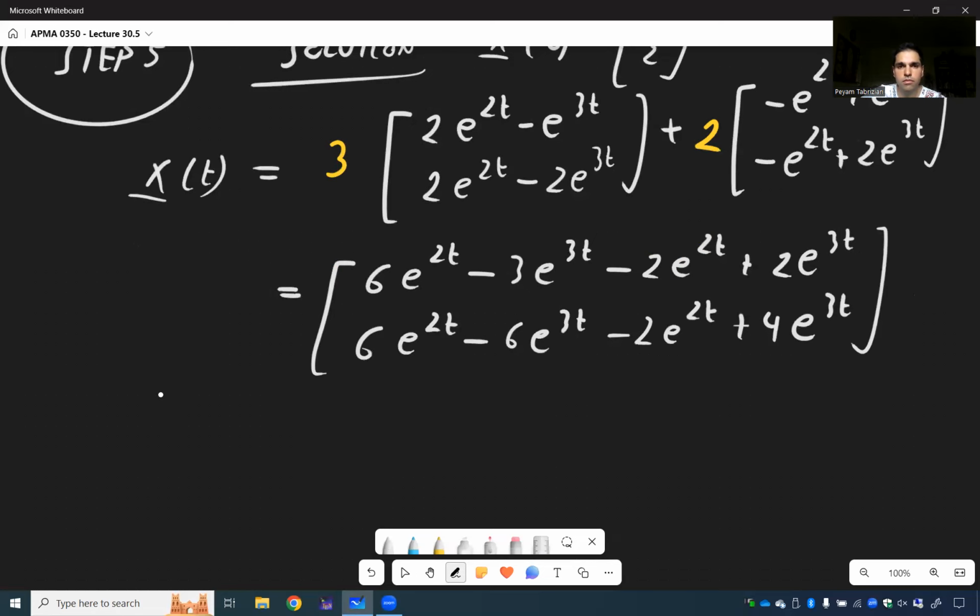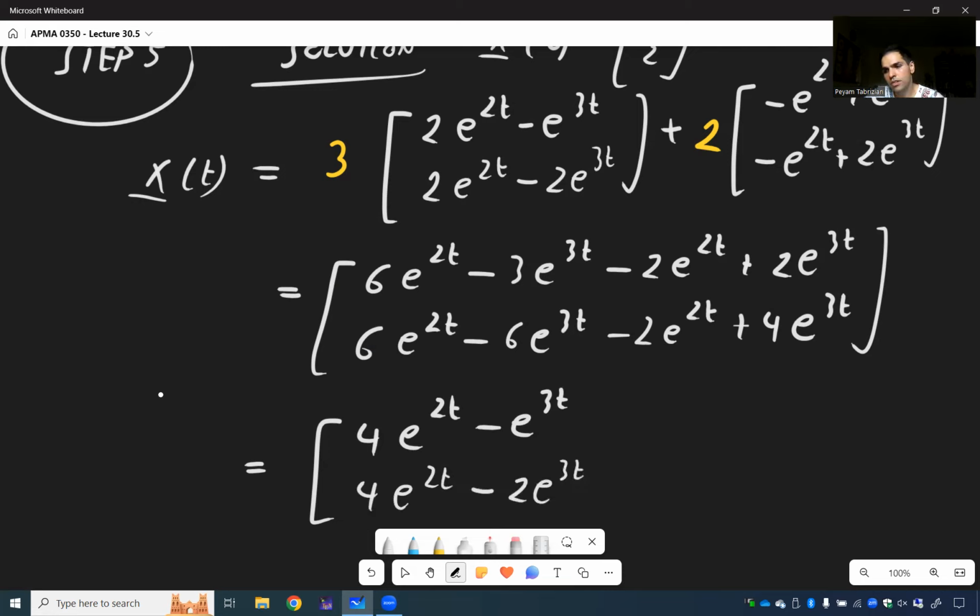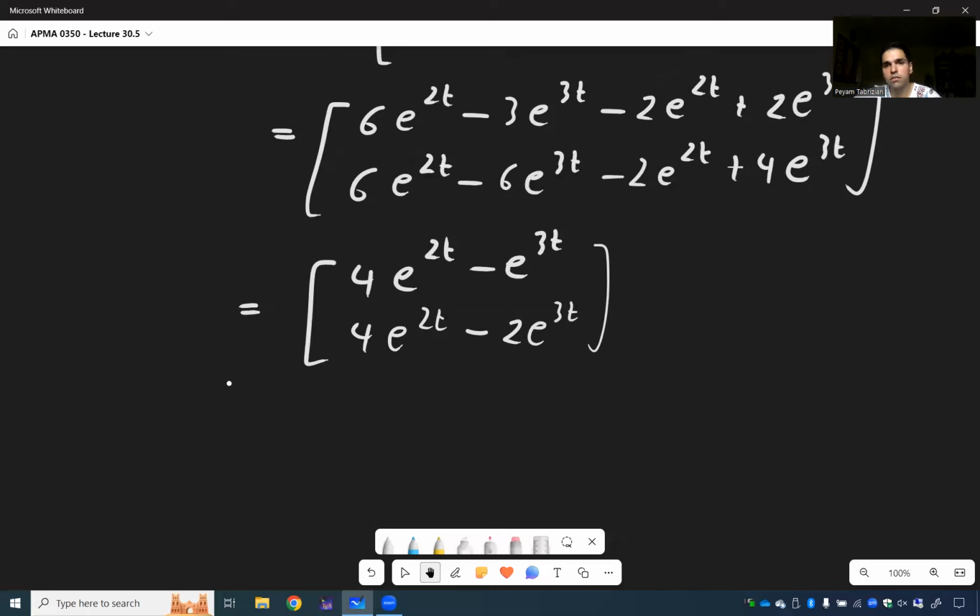And after the dust has cleared, this becomes 4e to the 2t minus e to the 3t, and then 4e to the 2t minus 2e to the 3t. Let's see, is that correct? Yeah. And again, optional if you want, you can write this as e to the 2t times (4, 4) plus e to the 3t times (-1, -2).